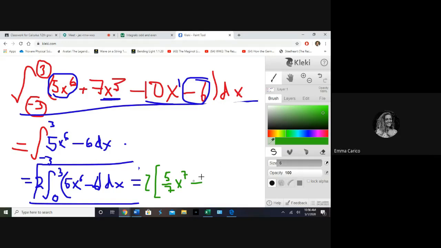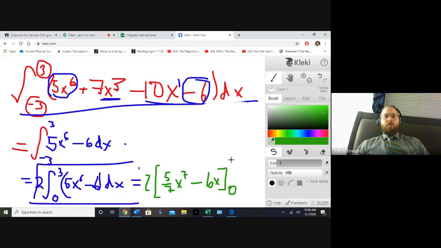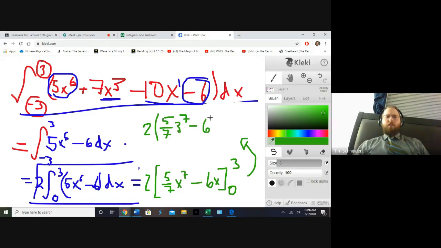Minus 6x, evaluated from 0 to 3, which is nice because, especially since 0 is the second one, because then we just have to do 5/7, 3 to the 7, minus 6 times 3. And then it's minus 0, right? All these terms have an x in them, and so that's just 0.